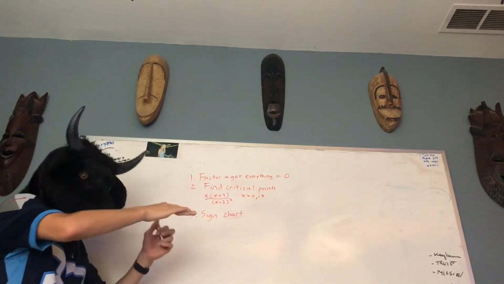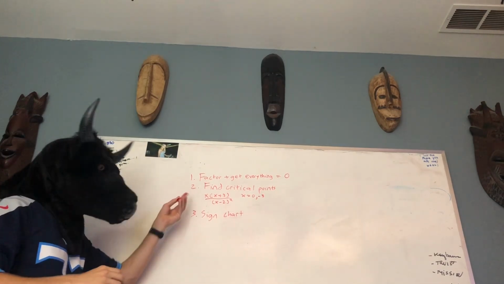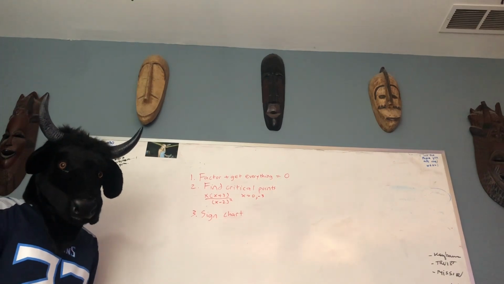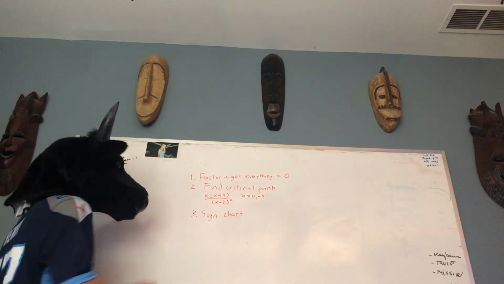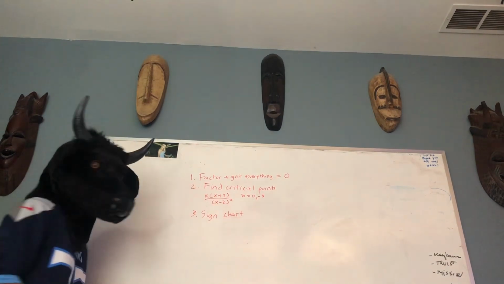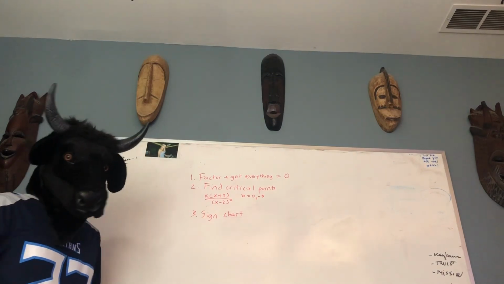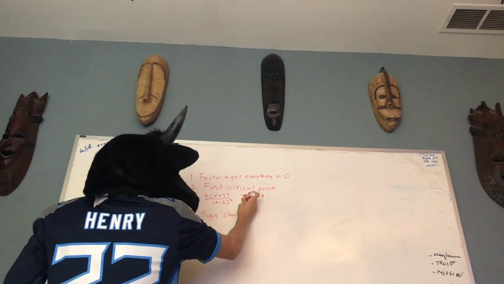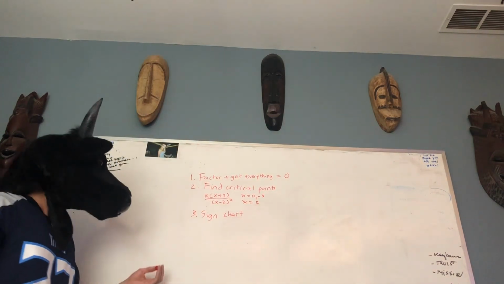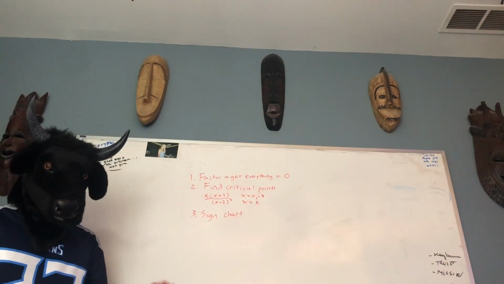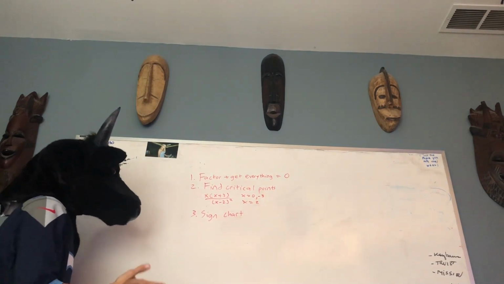So 0 is just right on that tipping edge between whether this factor becomes positive or negative, which becomes important for the sign chart, as you'll see in just a second. And then this down here is also a critical point in its own sense, that this is what x cannot equal. So x cannot be 2, because if you plug in a 2, then you divide by 0, and you can't divide by 0. And then the last step is the sign chart.